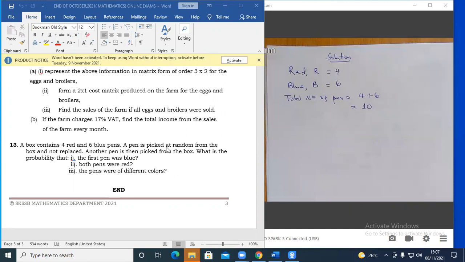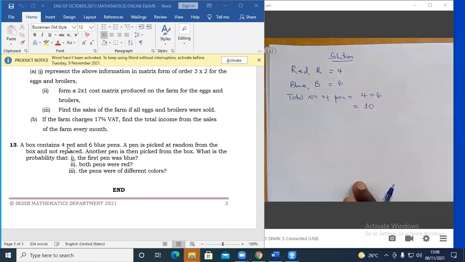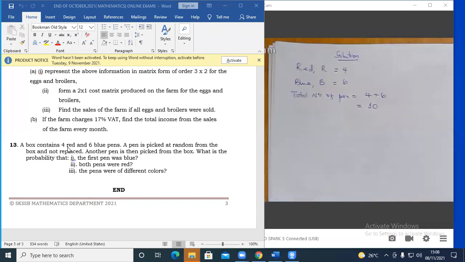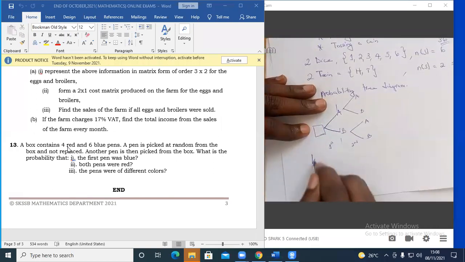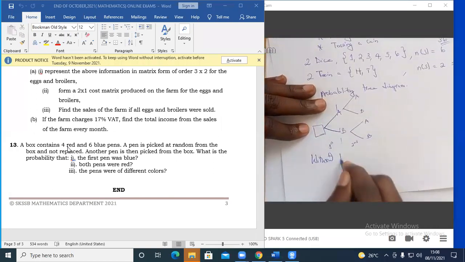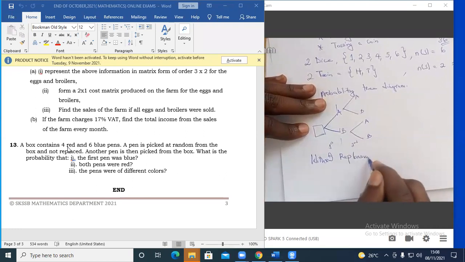A pen is picked at random from the box and not replaced. We said we have 2 types of selection: with replacement or without replacement.